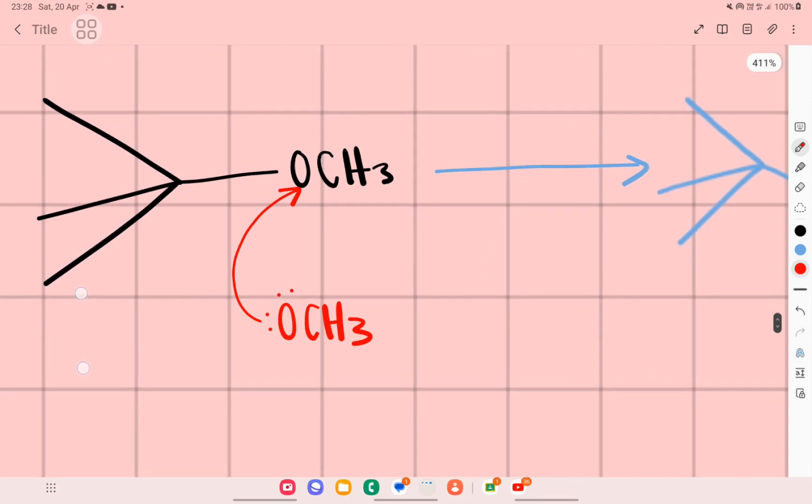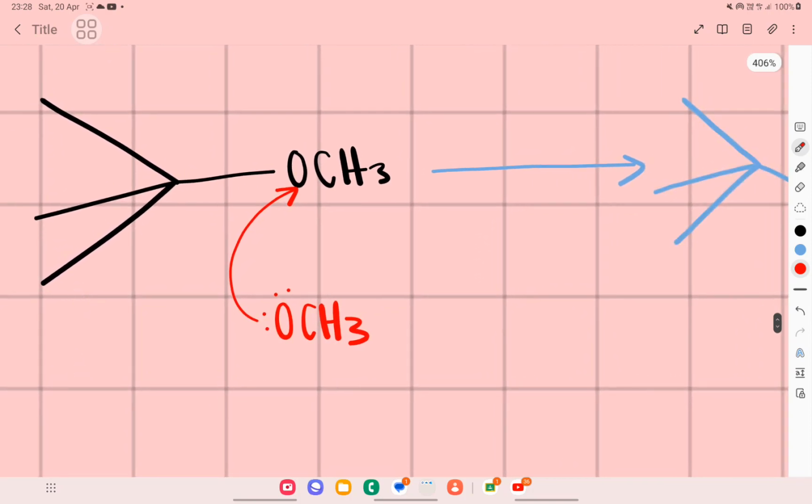The two electrons from a lone pair of the neighboring methanol molecule will be pushed toward one of the H atoms on the O plus. So the sigma bond between the H and O plus will be broken.